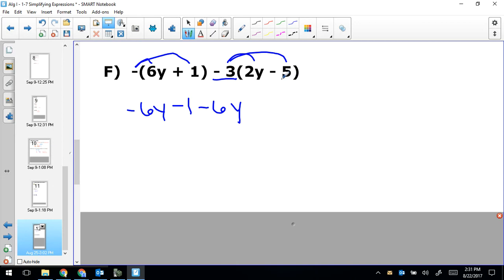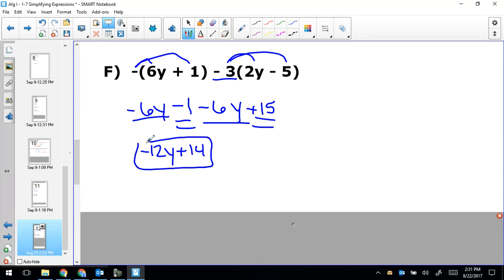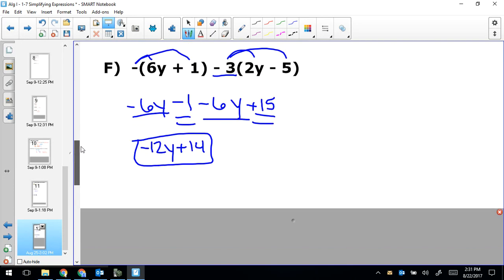Negative 3, negative 5, positive 15. Whoa, weirdo. Combine like terms now to get a negative 12, a negative 1, and a positive 15 gets us a positive 14. Whoa, that's a weird one. Make sure you write that one down. I'll leave that there for a sec.